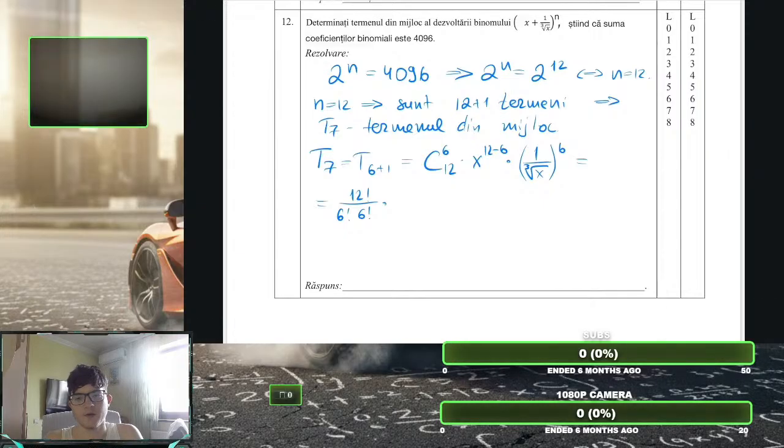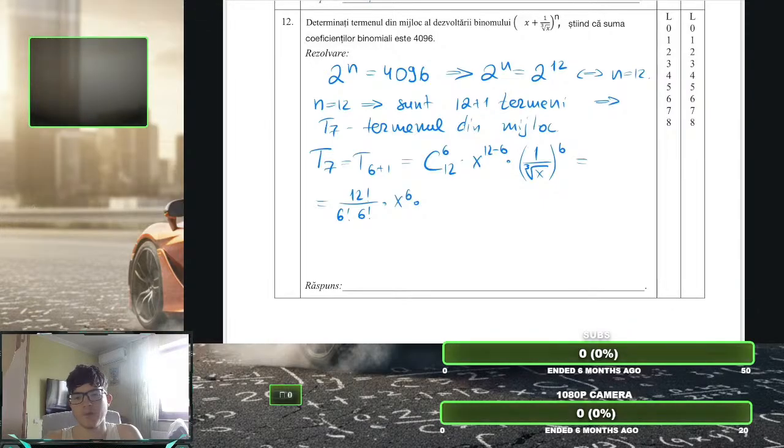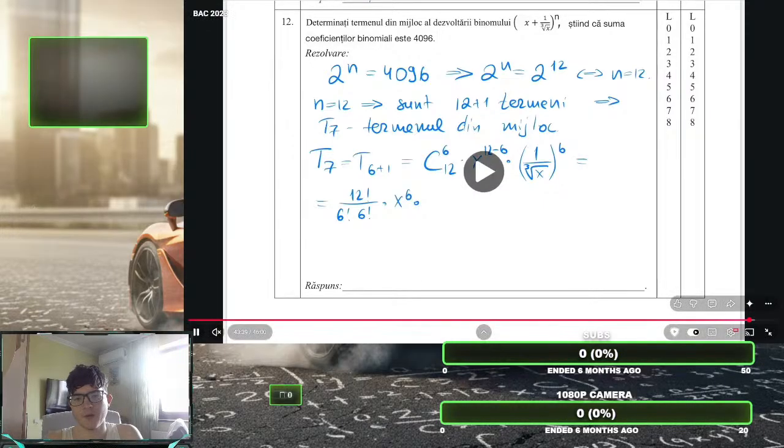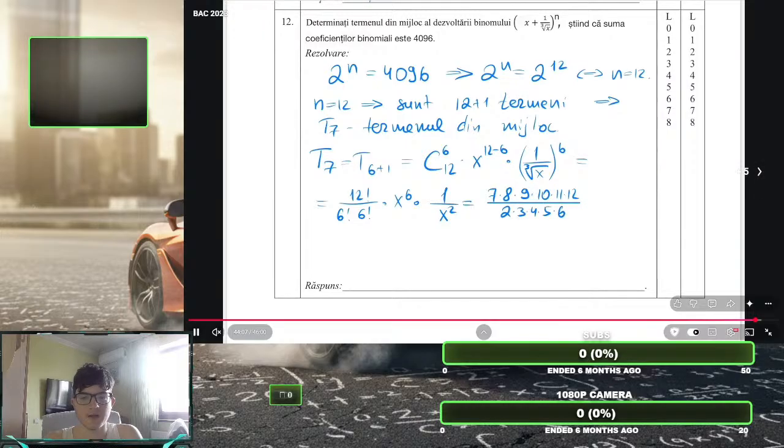And x to the power of 6, and right there x to the power of negative 1 divided by 3, so it's x to the power of negative 2 when we flip it. And right there we're going to have 7, 8, 9, 10, 12, 11 also, and below 2, 3, 5, 4, 6.